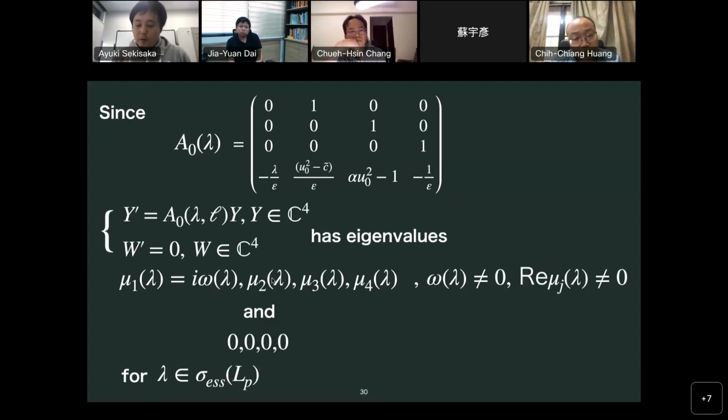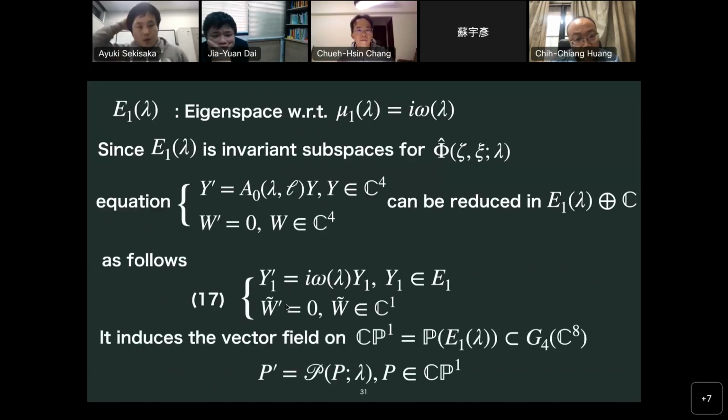So we can obtain the exact form of these eigenvalues in this hypothesis. Okay, I see. Thank you. And E1 is the eigenspace with respect to only one eigenvalue of real part equal to 0.